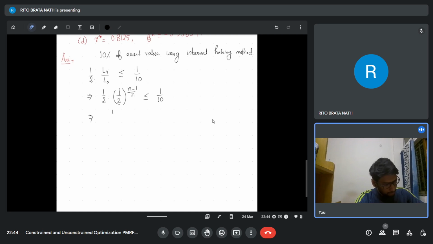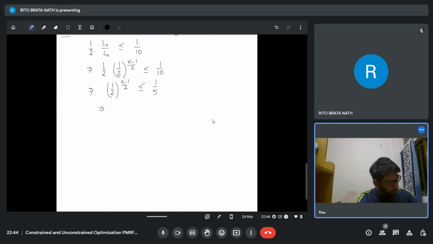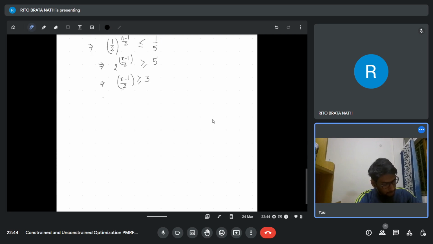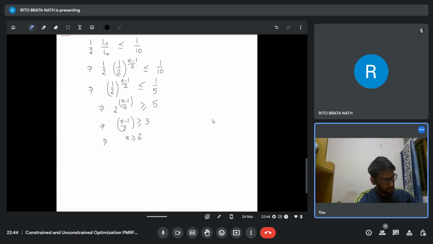Then what you can do, you can take this as 1/5, or you can take 2 to the power n by 2 greater than or equal to 5, and now you can take this as greater than or equal to 3, and that will give you n is greater than or equal to 7.